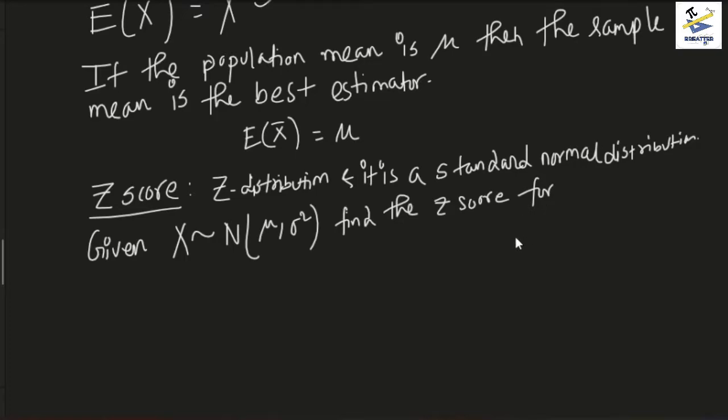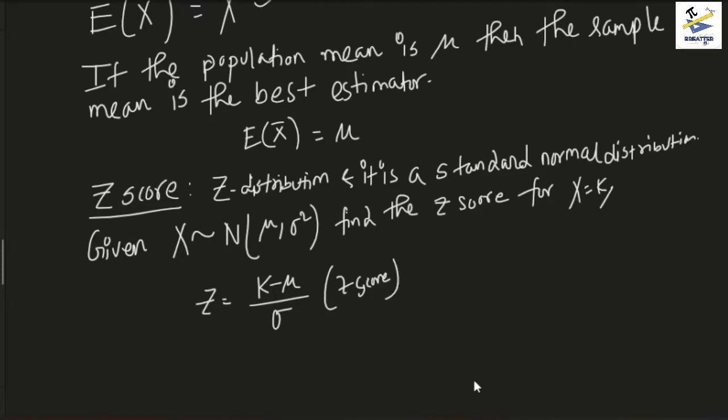We are not entirely sure how to do that, but if you are asked to find the z score for x equals k, then the z score for x equals k would be (k minus mu) by sigma. This is the z score.